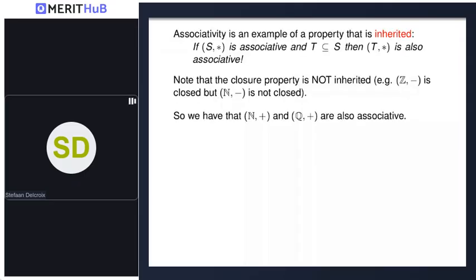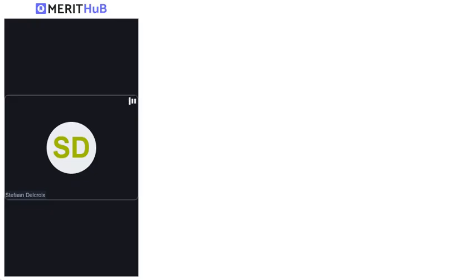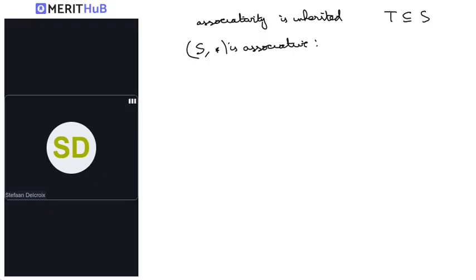So let me show that about associativity. Associativity is inherited. So here, suppose that T is a subset of S. If S under star is associative, what does that mean? It means that for all A, B, C in S, (A star B) star C is equal to A star (B star C).